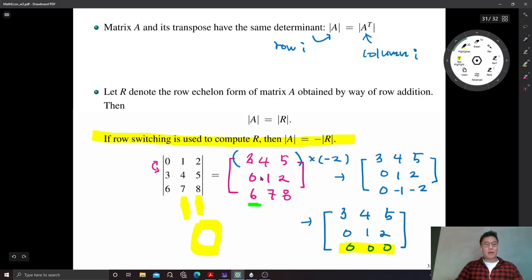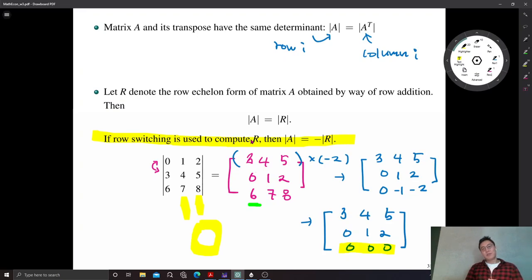So this is how to use this property when we are asked to evaluate the determinant of matrices. We can do Laplace expansion, or we can transform the given matrix into row echelon form by way of row addition or row switching. And if we use row switching, the only thing we have to do is change the sign from positive to negative.